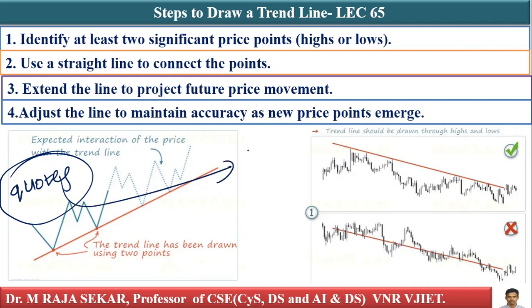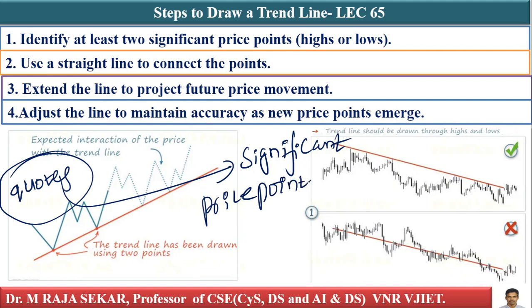Quotes means significant price points. I will repeat: a trend line is drawn by connecting two or more significant price points. These significant price points are called quotes.